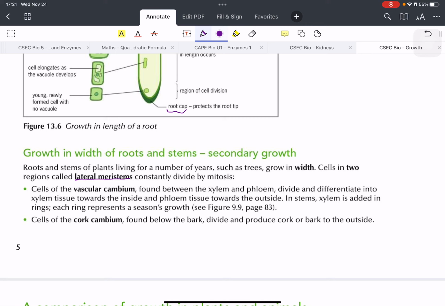Also, if you don't have enough lateral meristems, the plant will grow too tall without any branches or any thickness in its stem, and it'll become quite weak and could just break and die. So it's very important to have a balance between the two types of meristems.